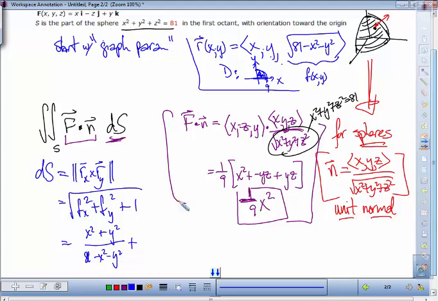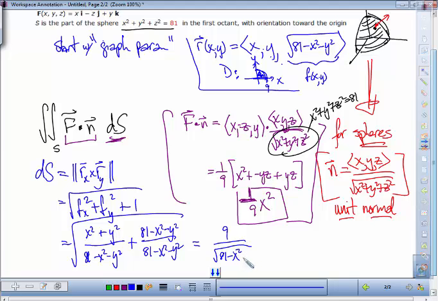And then plus 1, so if you want to match it up with the denominators, you get 81 minus x squared minus y squared over 81 minus x squared minus y squared. So the x squareds and y squareds will cancel. I just have an 81 on top under the square root, and then 81 minus x squared minus y squared in the denominator. So that's my dS.